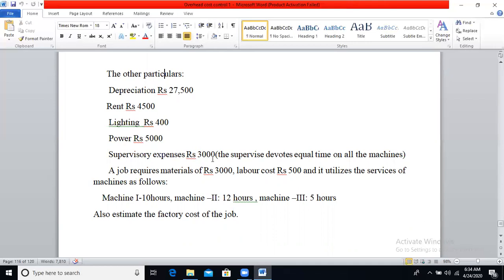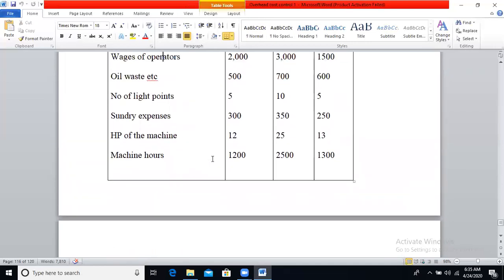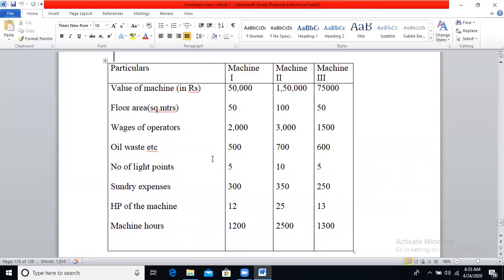See, apart from these 4 expenses related basis, we are having some other values. The value of machine will be considered for the depreciation. Floor area will be considered as a basis for the rent. Wages of operators, this will not be a basis. This you should consider in your calculation by the actual values.